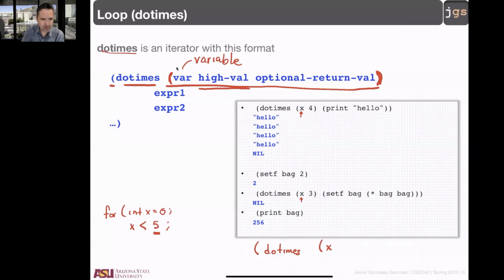That is obvious. 5. Why 5? It is the number that you want to use to stop the loop. It is the number of times that you want the loop to run. That is the information that I need as the source code. Do times, parentheses, x, 5.